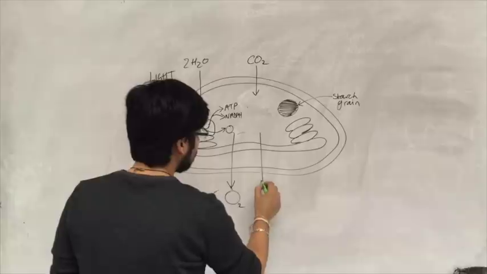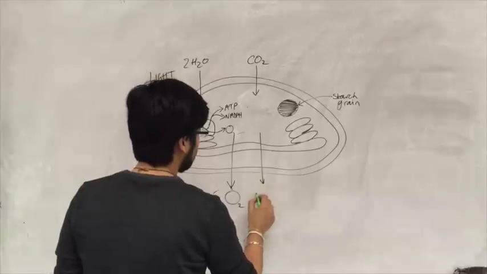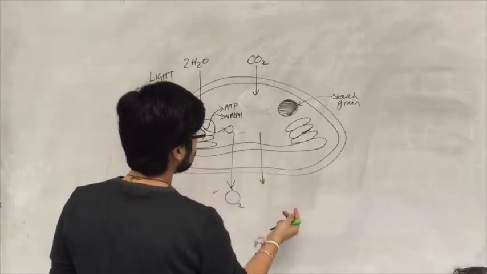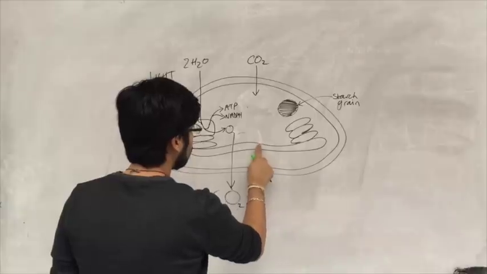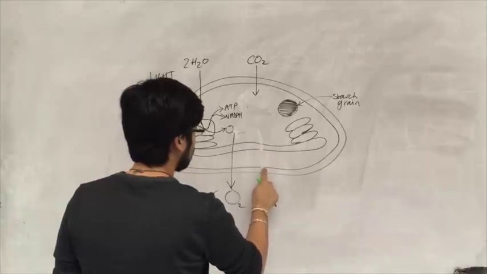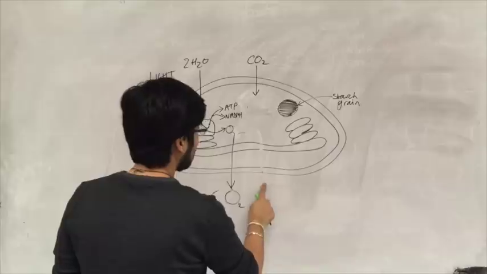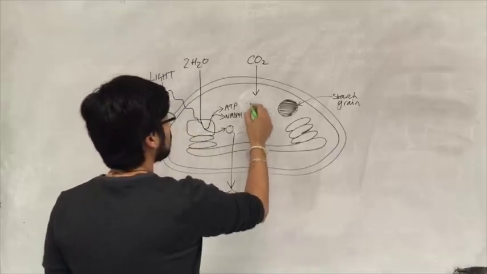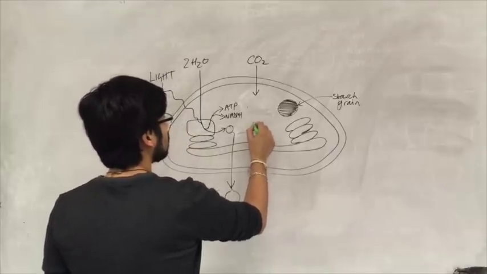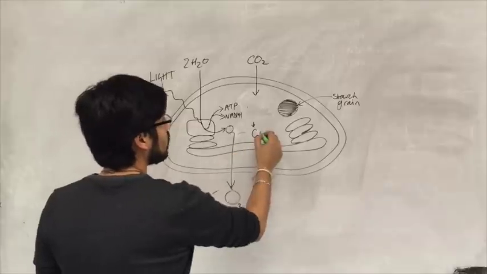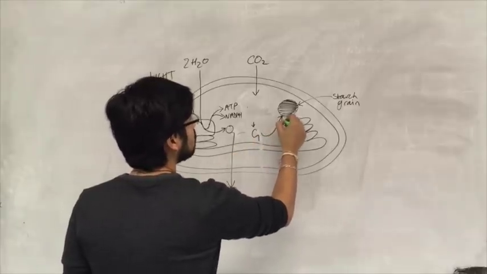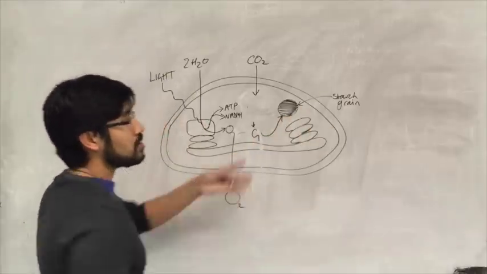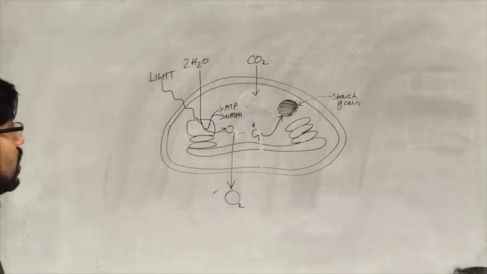So we know that glucose has to eventually be produced, okay? But it's not going to come out of the chloroplast yet. So glucose is going to be made, and that glucose is eventually going to be used to make starch in the starch grain.